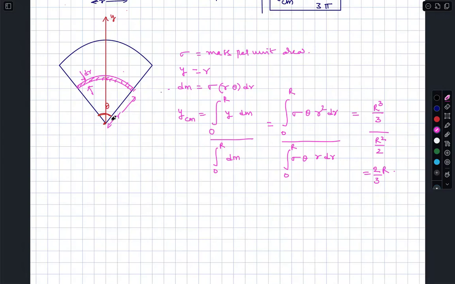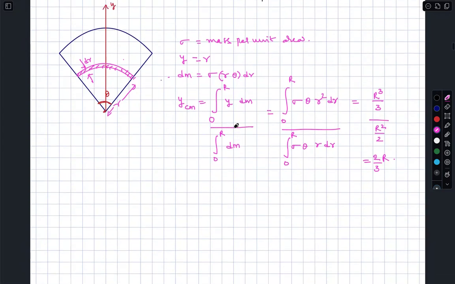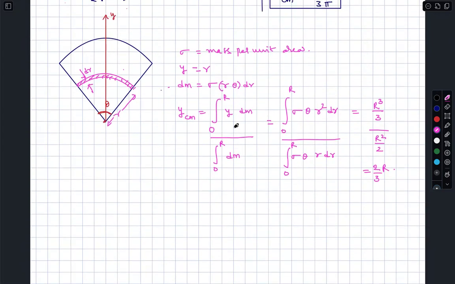Remember, when I am taking the location of center of mass, one minute, theta is missing. Let me just redo that work. Y is not R. What is Y?